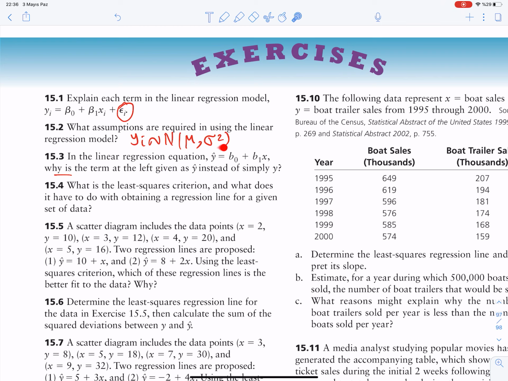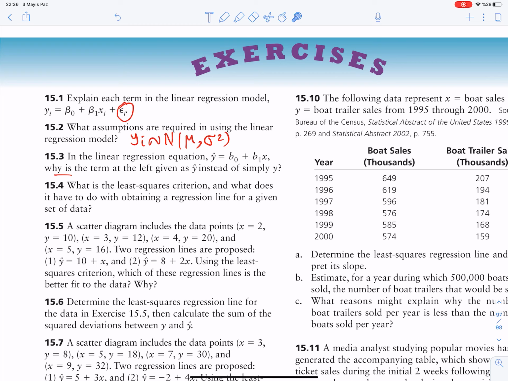Remember that beta null plus beta 1 x is the term used for the estimation, so we cannot use the actual value of y. The actual value is only for the model. You don't use y hat for the model. This is a representation of the estimation.